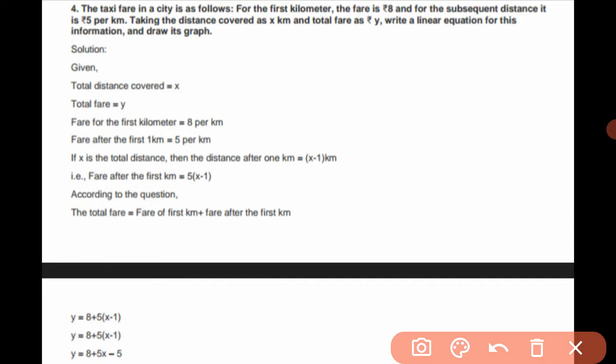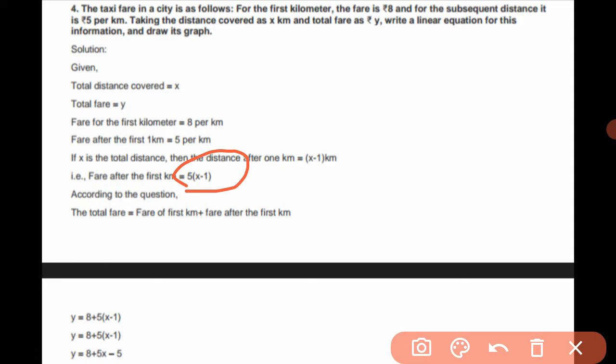Now if x is the total distance, then the distance after 1 kilometer will be x minus 1 kilometer. For x minus 1 kilometers, the fare is 5 into x minus 1.